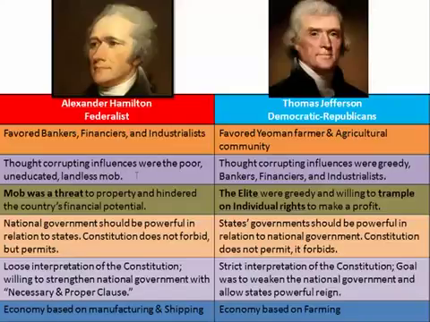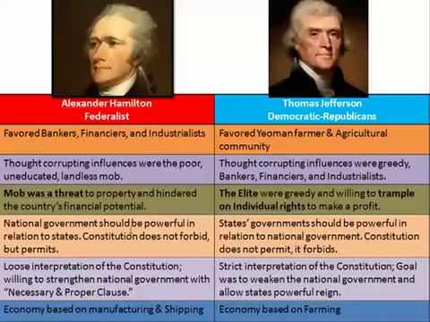He called them the mobocracy, or John Adams did. Thomas Jefferson thought that the corrupting influences in our country were greedy bankers, financiers, and industrialists. And Alexander Hamilton thought that mob was a threat to property and hindered the country's financial potential. And Thomas Jefferson believed that the elite were greedy and willing to trample on individual rights to make a profit.